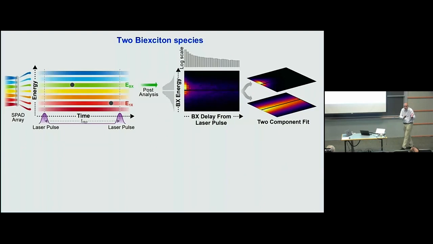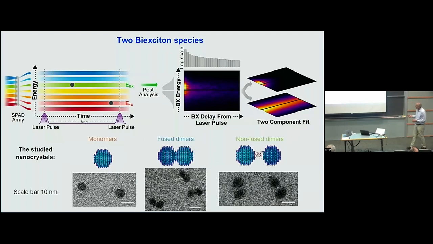We can either follow single photons or pairs, but if I'm after a biexciton, I want to follow pairs. And that means that I can really determine very nicely the energy and lifetime of the first exciton in the biexciton pair, of the single exciton that's remaining there, etc. That's what we are using, and we will look at monomers, fused dimers versus non-fused dimers. Those are the three systems which we could in principle compare.